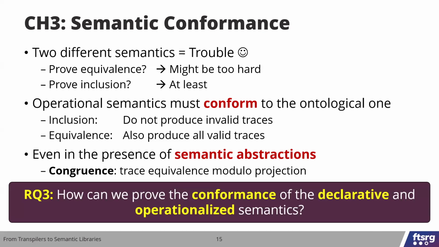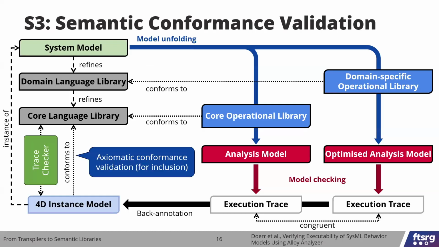So the third and final research question that we specify is how can we actually prove the conformance of the declarative and the operational semantics. The way to do that is inspired by a recent paper from 2022 by Doer et al. It's about verifying executability of SysML behaviors using the Alloy model checker.